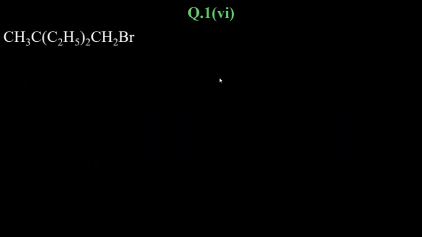Next one. And slightly tricky one, students make mistakes in this question I have seen. Okay, so pay attention. This is something you can write as CH3 C. On this carbon, you have two C2H5 groups attached. So one C2H5 group, you can write C2CH3 here, and another one you can write C2CH3 here.